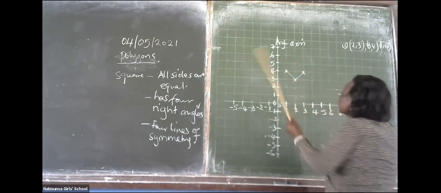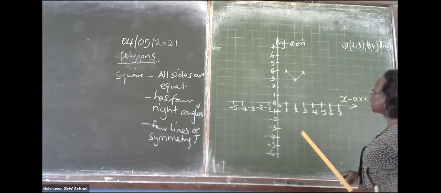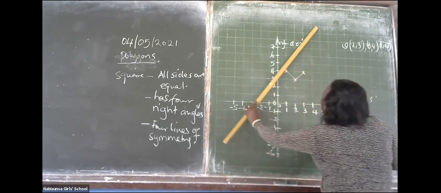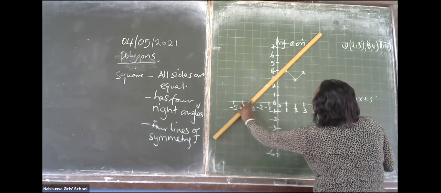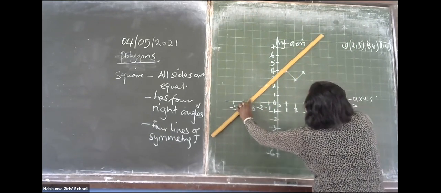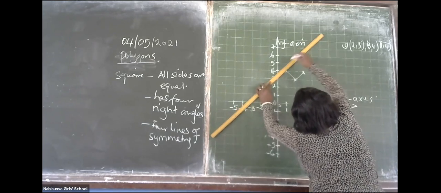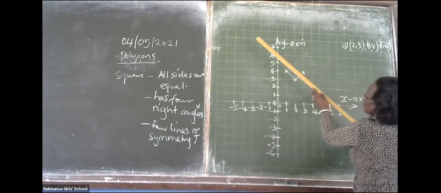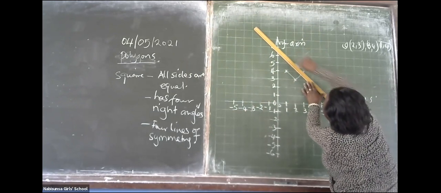We have 3 of the corner points, and we are supposed to find the first one. So, can we have an angle of 90 degrees? Those who are measuring, you can measure an angle of 90 degrees. When you measure an angle of 90 degrees, you draw this line. Then you measure an angle of 90 degrees again and draw this other line.